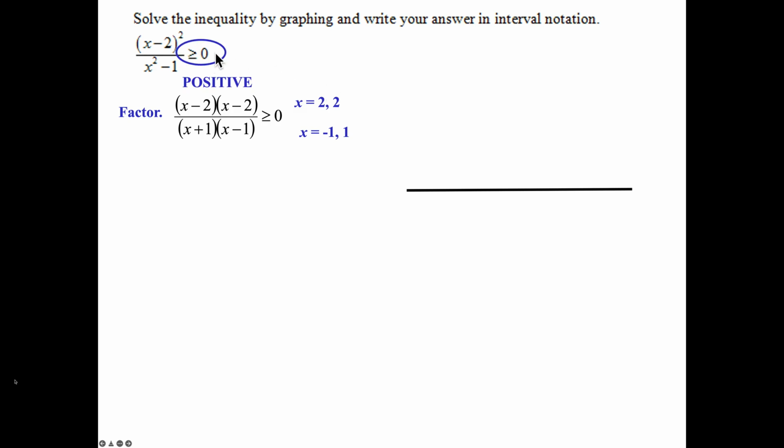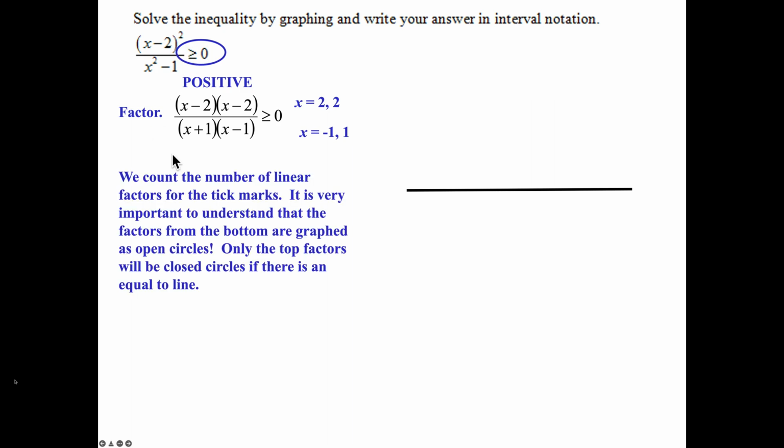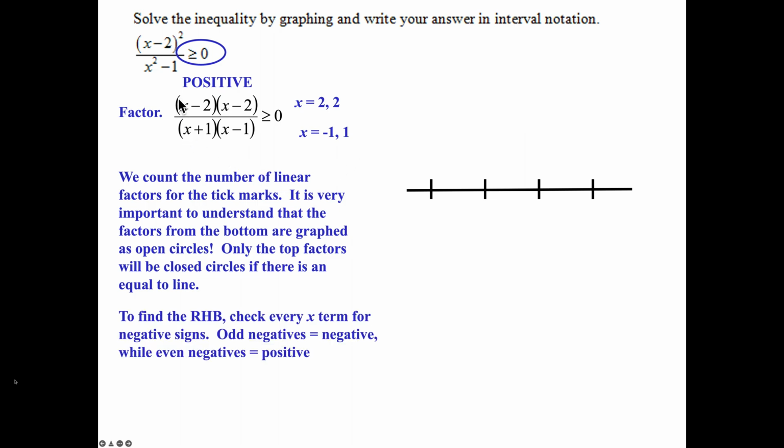We want positive regions, and so we're going to put our tick marks. We have 4 binomials, so we're going to put in 4 tick marks. We're going to take care of our right-hand behavior. They're all positive x's. So positive x on the right, alternate going to the left. Put in your numbers, and just like we had before when we had the 1 listed twice, we're going to go -1, 1, 2, and 2.